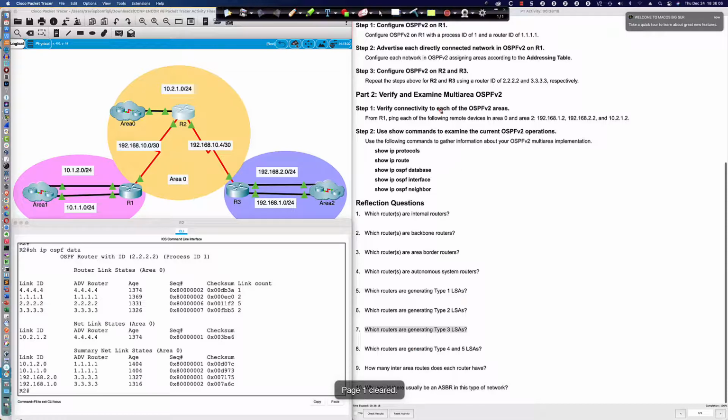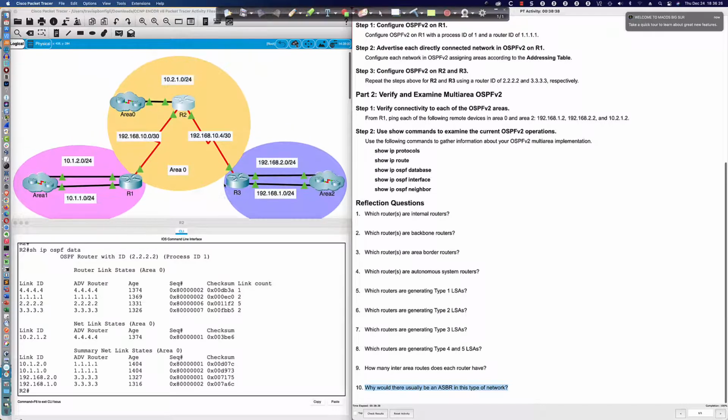Which routers, and this is sort of the trick question here, which routers are generating the type 4 and type 5 LSAs? Well, if you look at question number 10, why would there usually be an ASBR in this type of network? Well, let me ask you, do we have any ASBRs in this network?